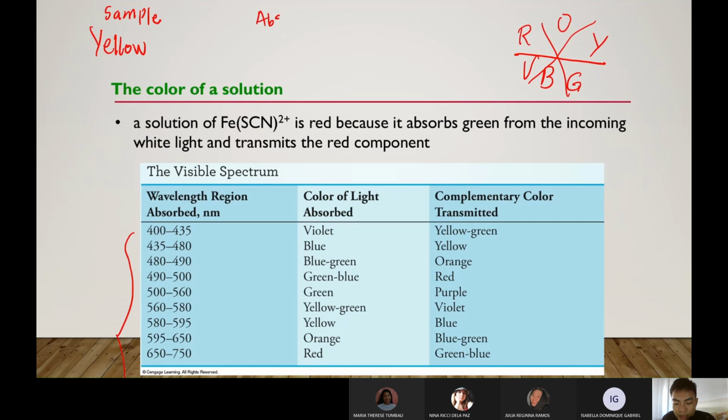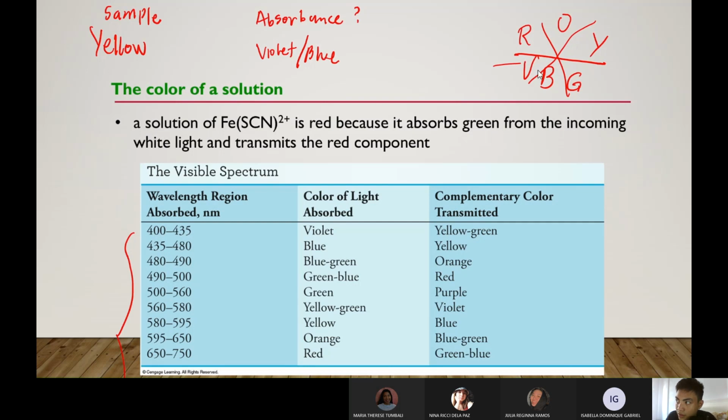Anong absorbance kaya yung i-expect ko? Of course, the complementary color. Anong complementary ng yellow? Yun yung around violet, no? Violet or blue. Okay? So, yun. Ang complementary color niya is violet or shade of blue. Okay?